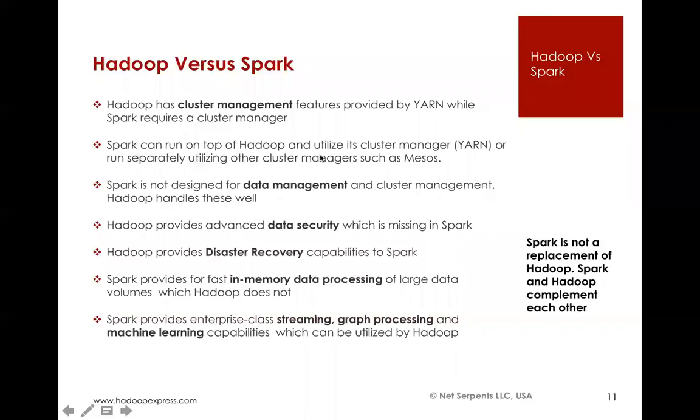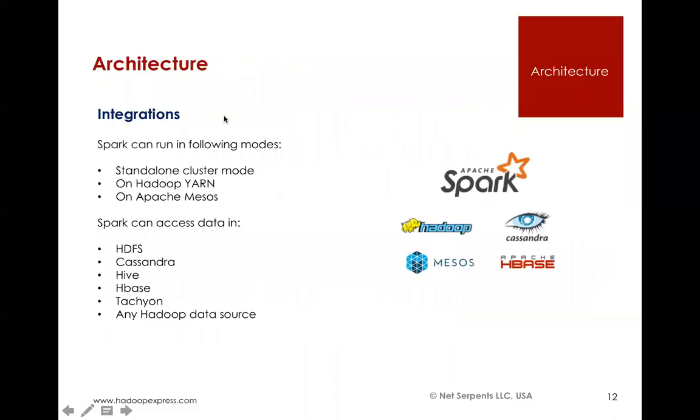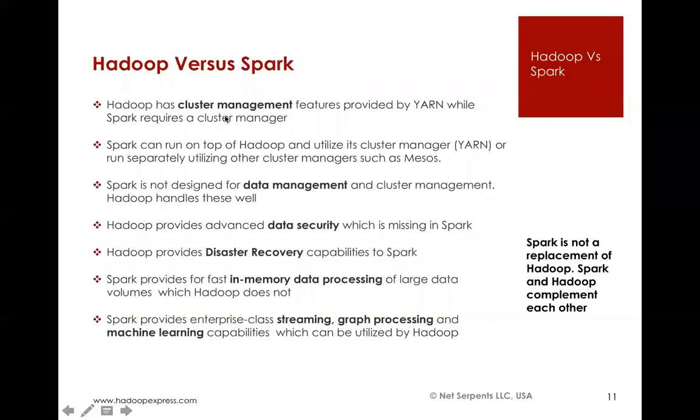Spark can run on top of Hadoop and utilize its cluster manager. So you don't need Hadoop to actually run Spark, because Spark is totally a different product. However, it can run on top of Hadoop, and there's a great advantage in running it on top of Hadoop. Once you run Spark on top of Hadoop, it utilizes its cluster manager called Yarn, and it's able to use some data storage capabilities that are provided by default by Hadoop.